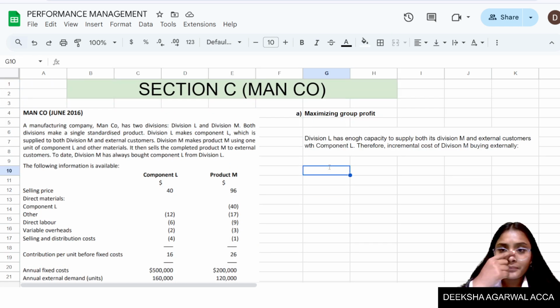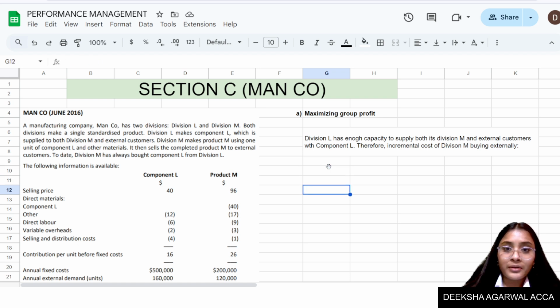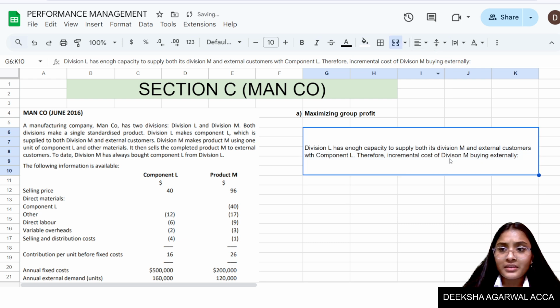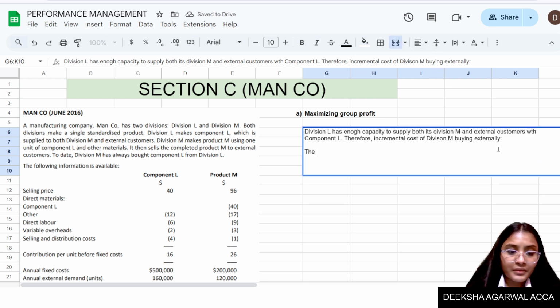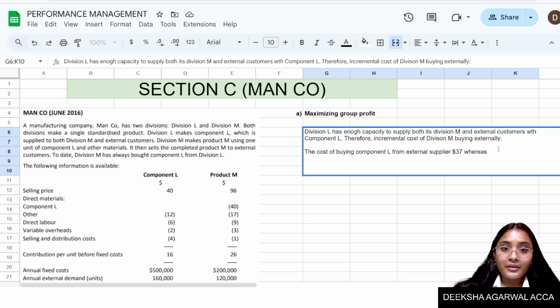Okay, so I can write it down that the cost of buying component L from an external supplier, how much will it be? $37, whereas for division L, making the component will be how much?